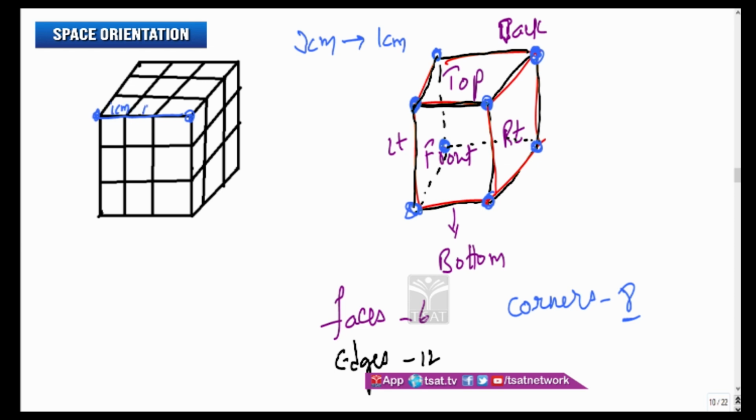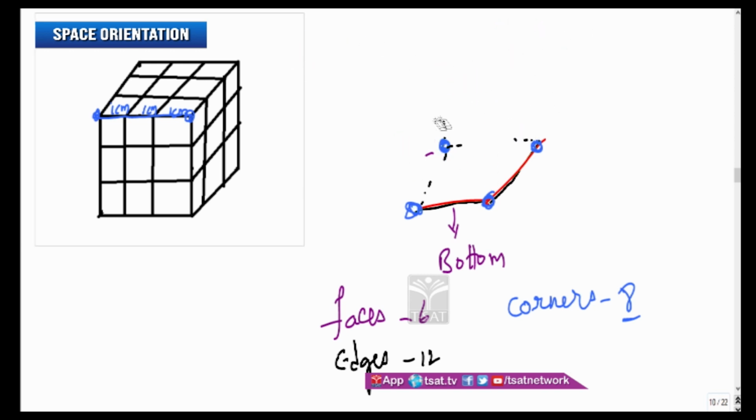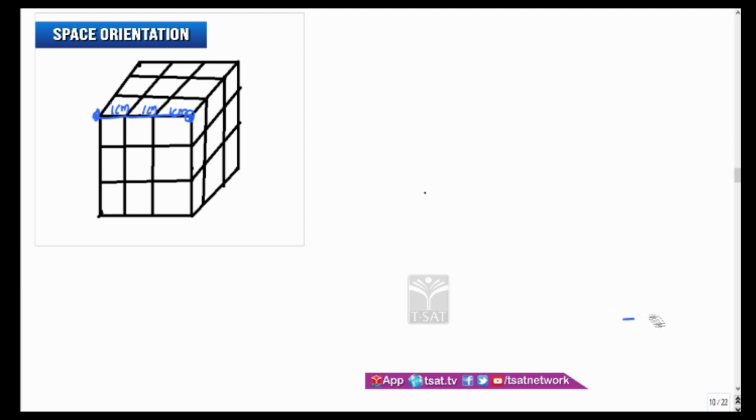So this is 1 centimeter, this is 1 centimeter, and this is also 1 centimeter. Now the questions are asked based on this particular cube. The first question will be: how many small cubes are formed?